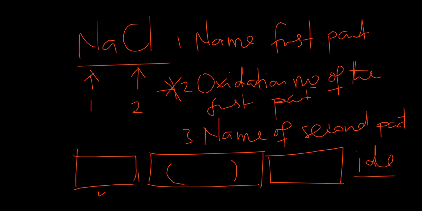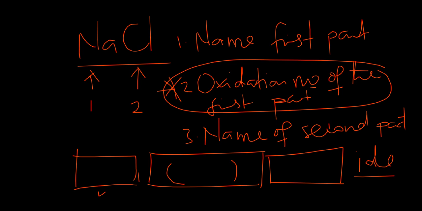Now, before we even name, let me comment on the condition under which you put the parenthesis. You use parenthesis with the Roman numeral of the oxidation number inside only when the element in the first part you are dealing with has variable oxidation state.